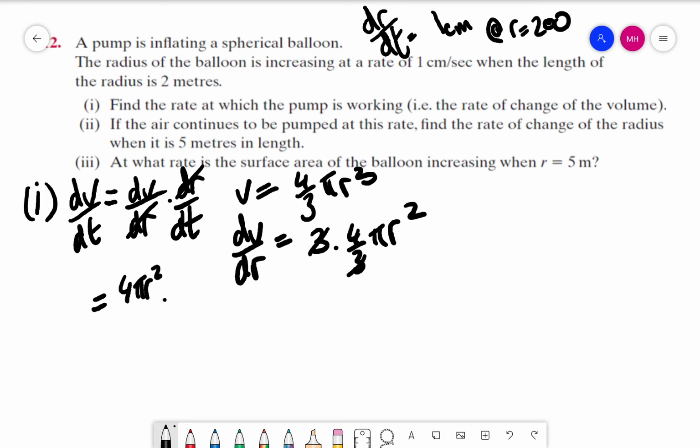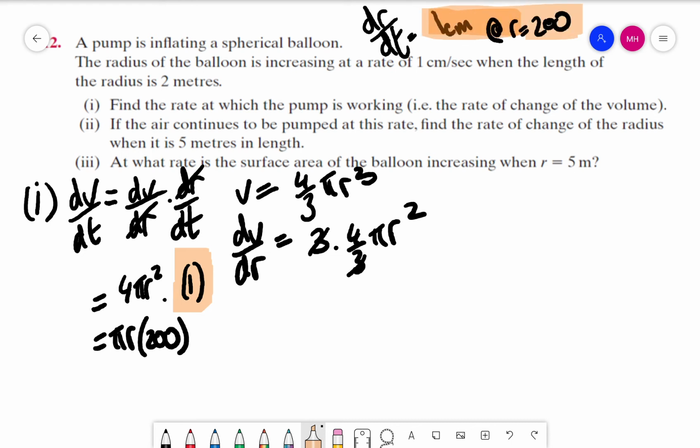And you know that dr/dt is equal to 1 centimeter per second. So this is giving you 4 pi r squared, where r has to be 200 because of this information at the start, right? If you're going to use 1 for your dr/dt, you have to use 200 for your r.